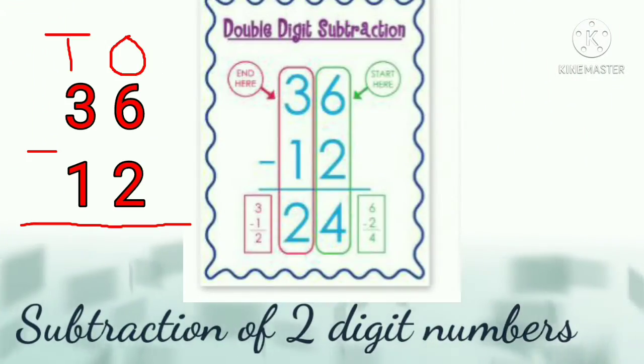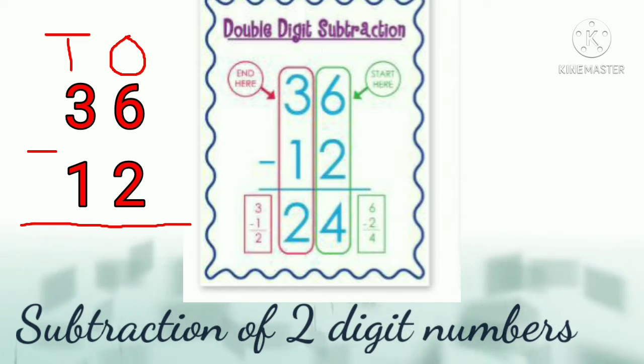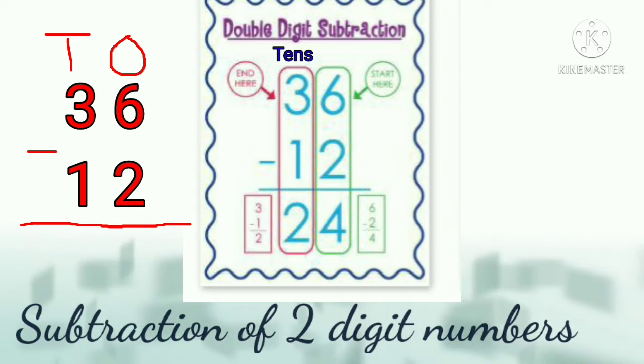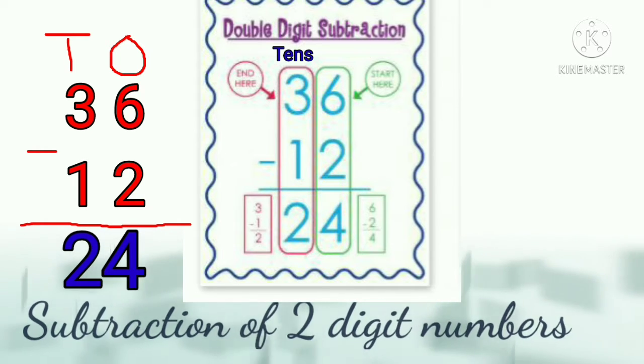You must remember that two-digit subtraction must start from the right side, or ones place, and end on the left side, or tens place. In this sum, in the ones place, 6 minus 2 is 4, and in the tens place, 3 minus 1 is 2.